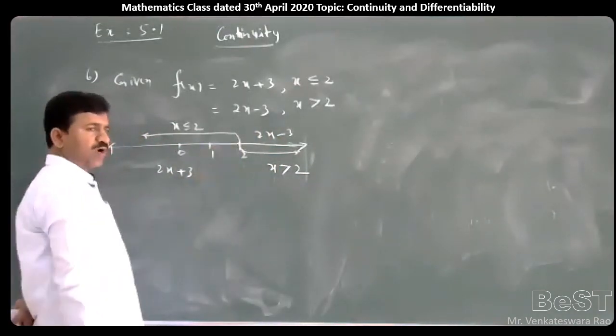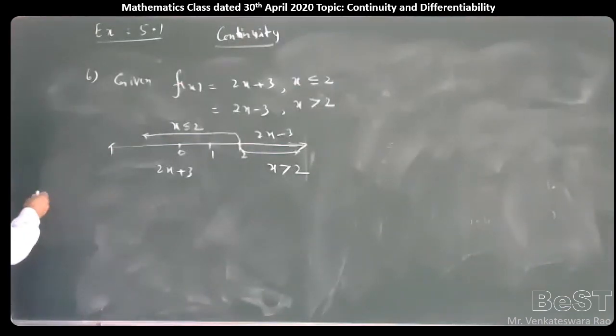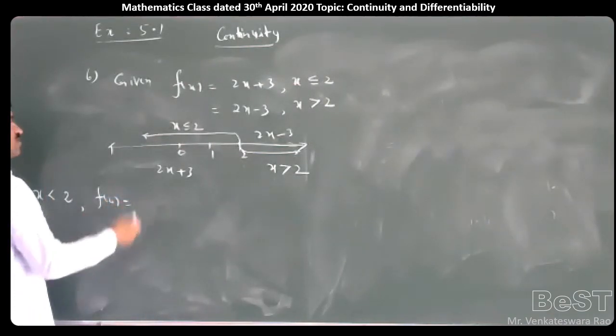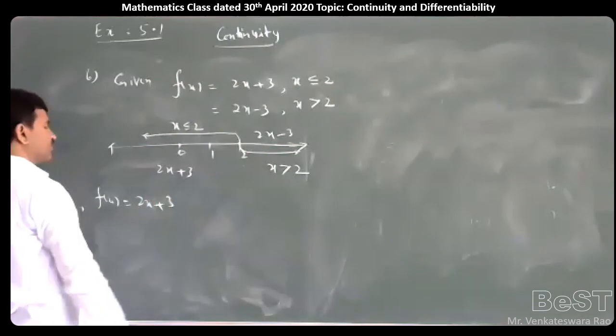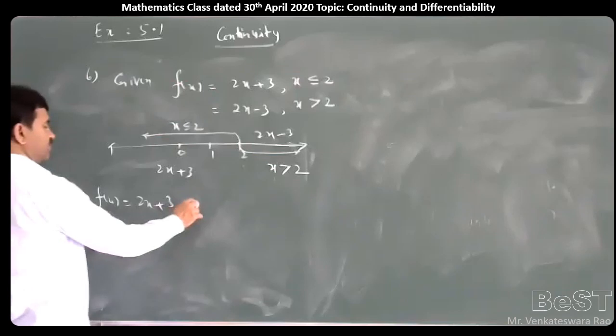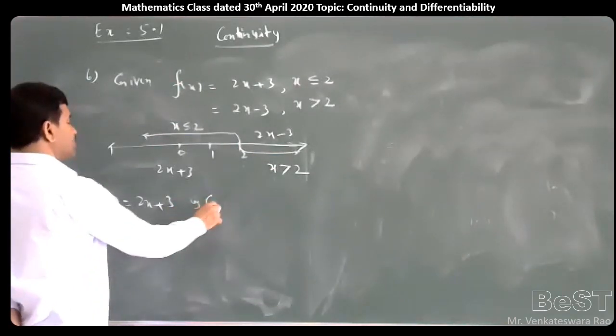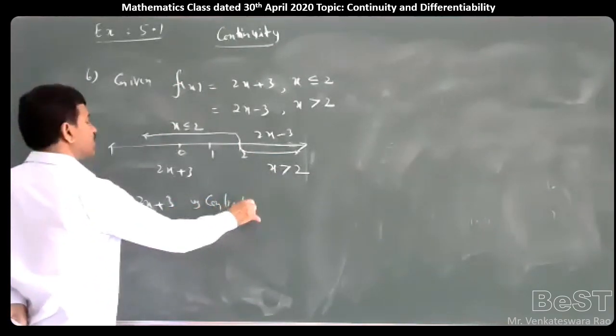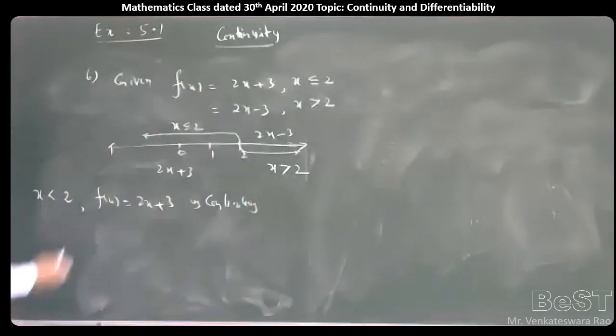So first clear those points. First condition: when x value is less than 2, f of x is equal to 2x plus 3, which is continuous. Second condition: when x value is greater than 2.